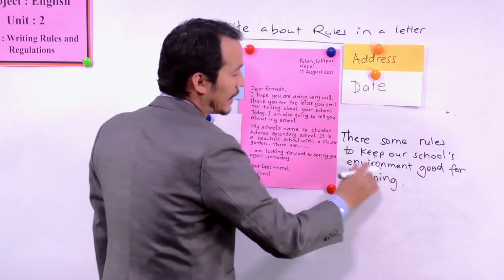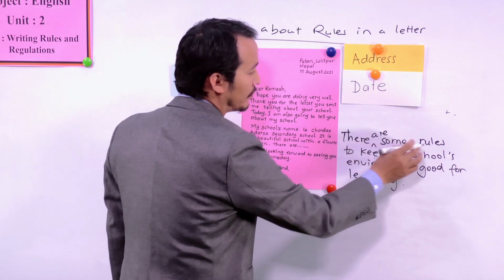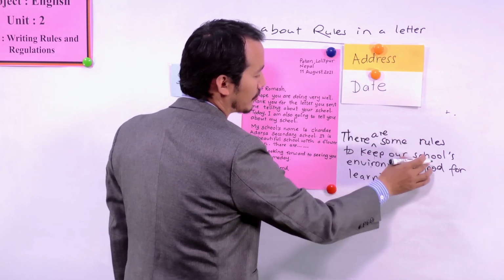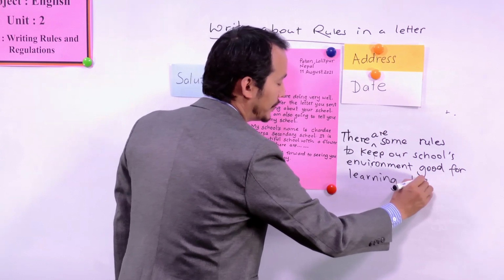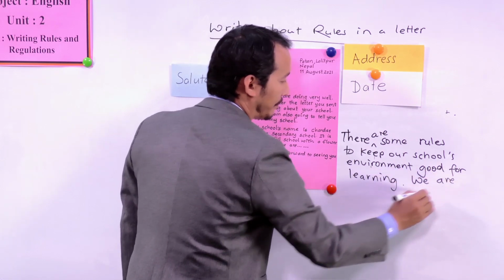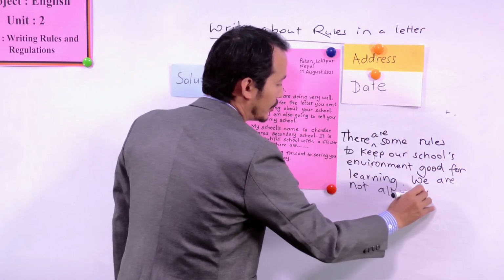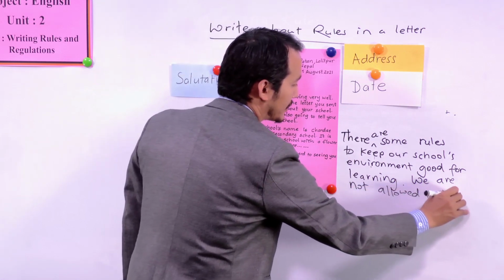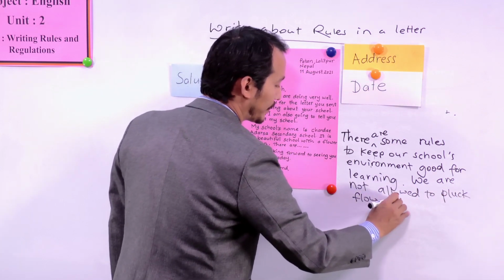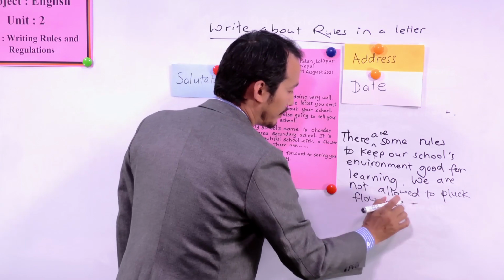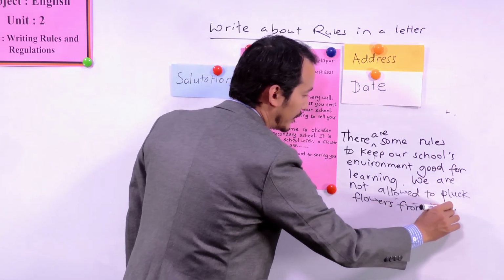So you can say there are some rules to keep our school's environment good for learning. Now you can say we are not allowed to pluck flowers from the garden.